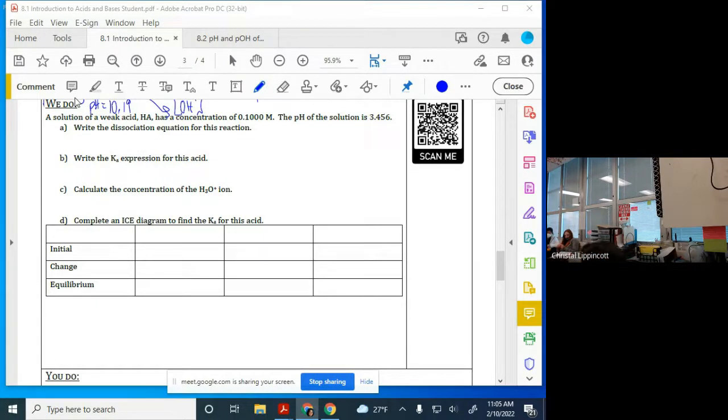We've got our HA, we're adding it to water, and we're forming H plus, or you can think of it as H3O plus, plus OH minus.